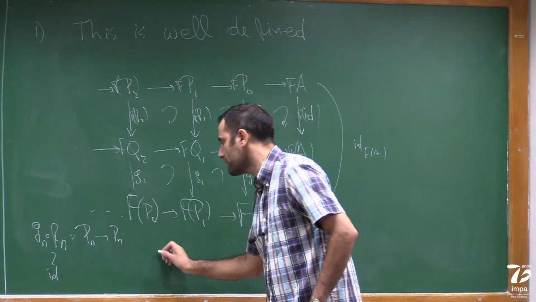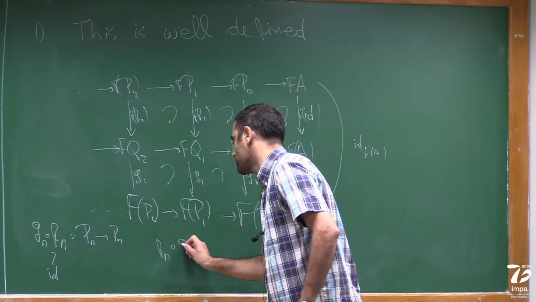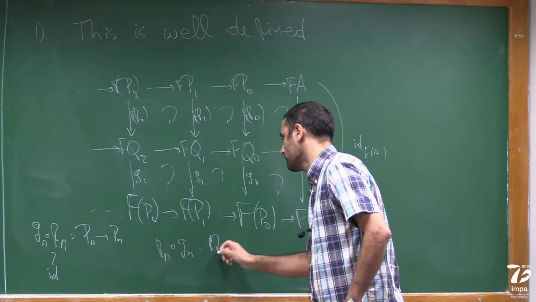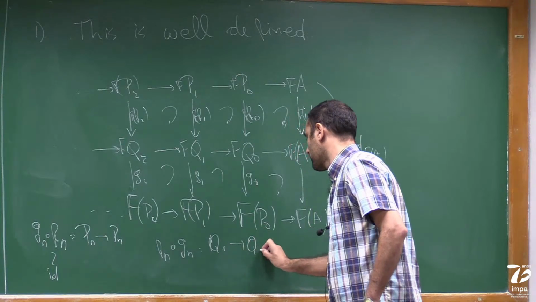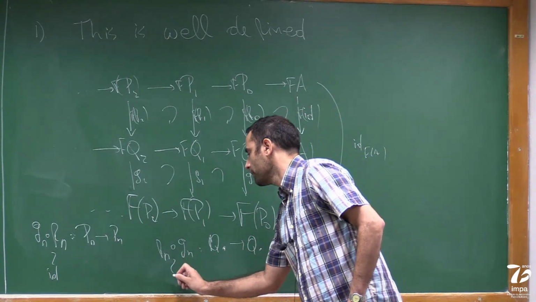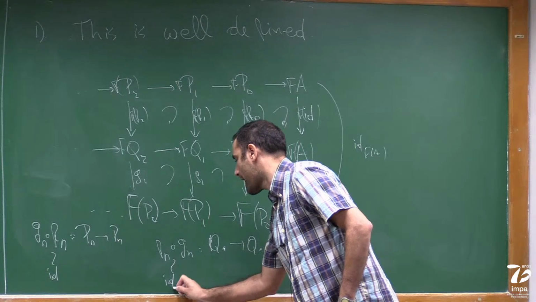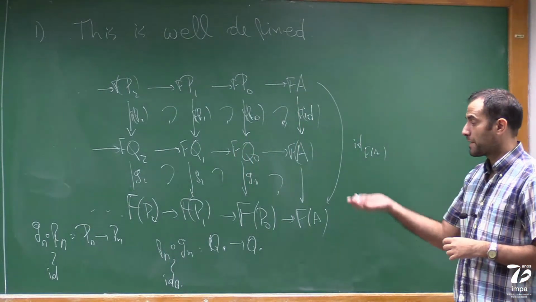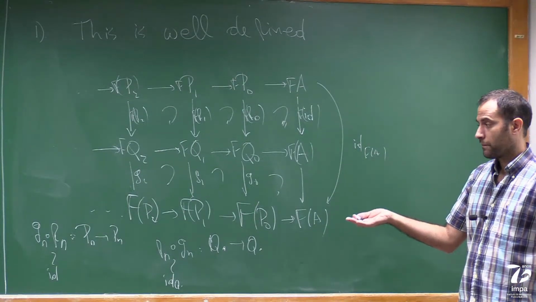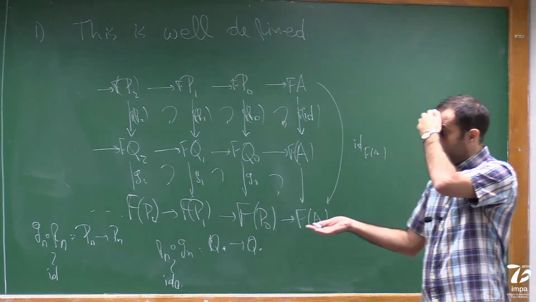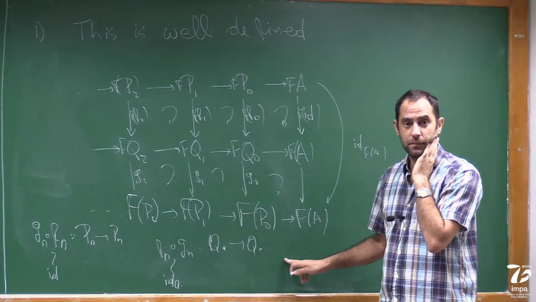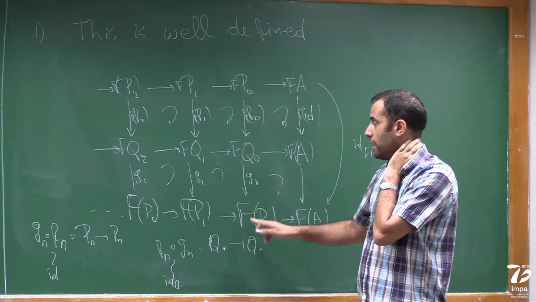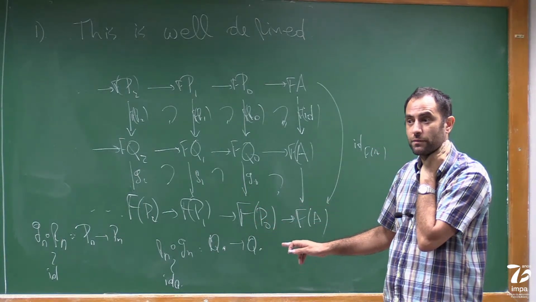So the same argument tells you that the composition Fn-Gn is a complex map from Q to Q that is also chain homotopic to the identity of Q. So now I have a map of complexes from P to Q, and a map of complexes from Q to P, that induce the same maps on homology.